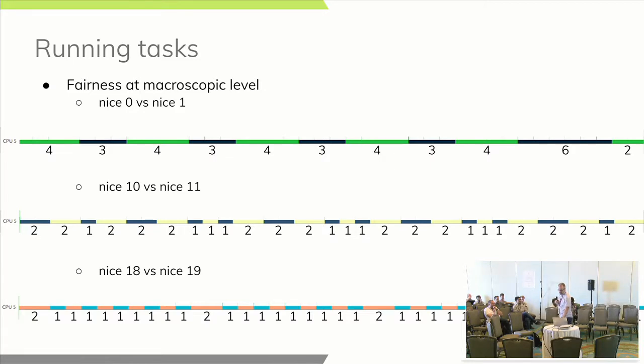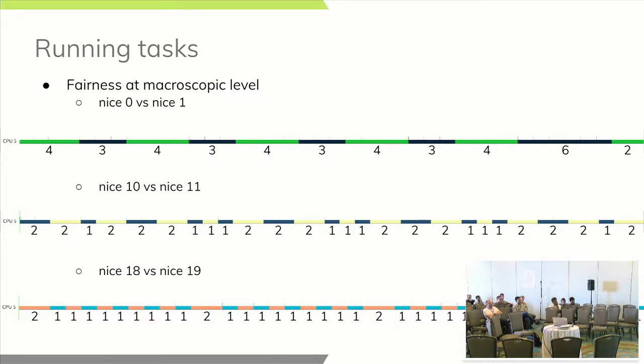So that was some example of task scheduling with different nice priority. And as you can see, in each case we have only one priority difference, but we can see that the scheduling pattern is not the same. And the main reason for that is the vruntime.